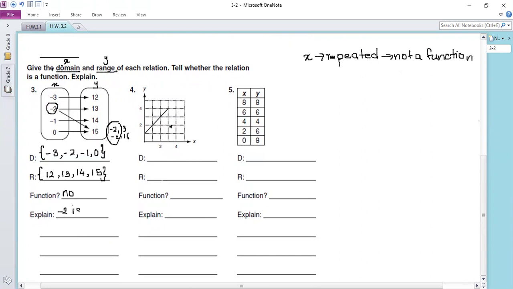So -2 is paired with both 13 and 15. So this is the way I've explained. It's totally up to you how you explain, but the idea should be the same, which means -2 has two values. -2 has 13 as well as 15, so it is not a function.